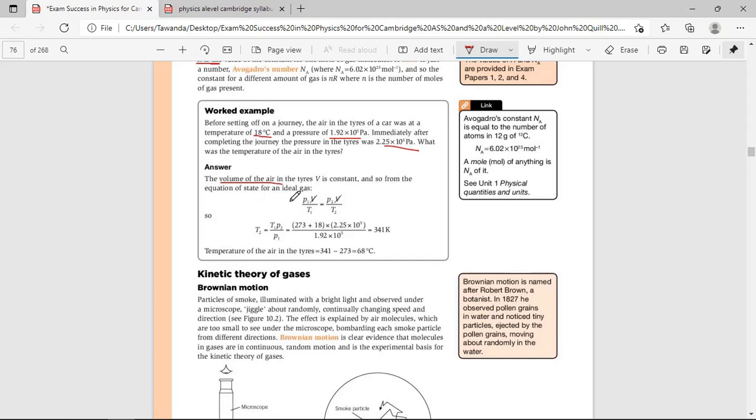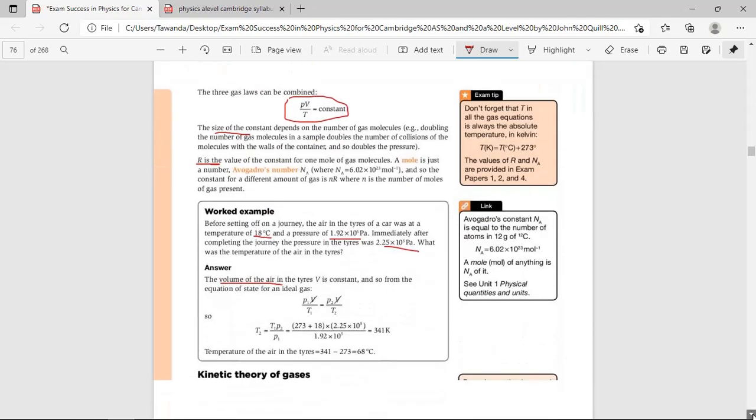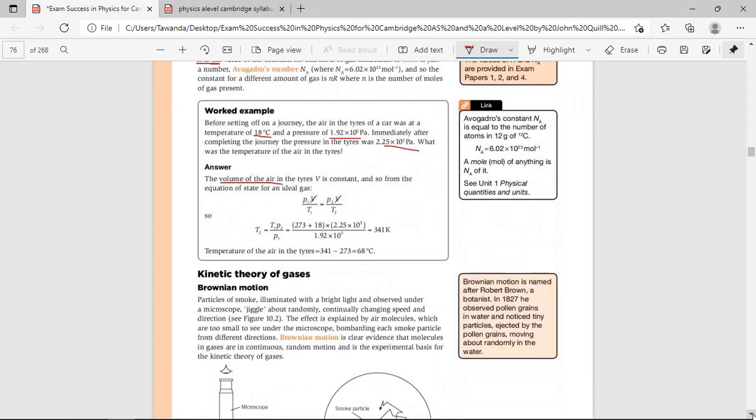So if our volume is constant, we are now going to use the formula. We are now going to say this PV over T is constant, meaning to say initial PV over T equals final PV over T. We are now equating, because we have initial pressure, we also have the final pressure.